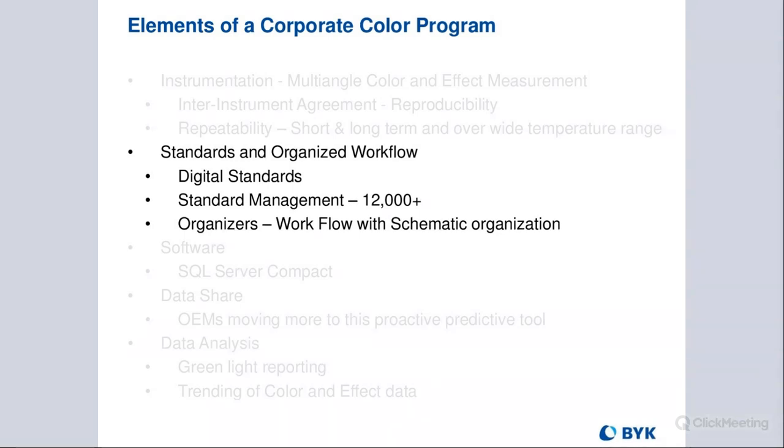Another thing that's important when we do a corporate color program is we need digital standards and organized workflow. So for this, we can set up standards that have all of your color tolerancing, your color equation, everything already set up in there, plus your spectral curves. And this helps everyone go to the same center point.